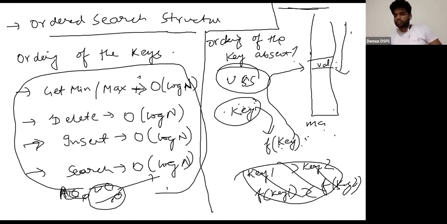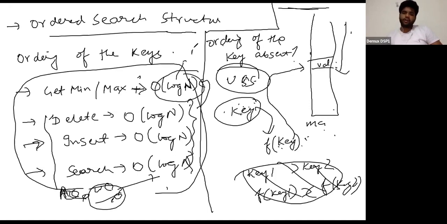So what is the cost that we paid for the ordering? The price that we paid is that these operations are no longer amortized order 1 or on average order 1. They are now log n. That's the price we paid. But what was the benefit we got? We got the benefit that getting the minimum or maximum is no longer n. It is log n.